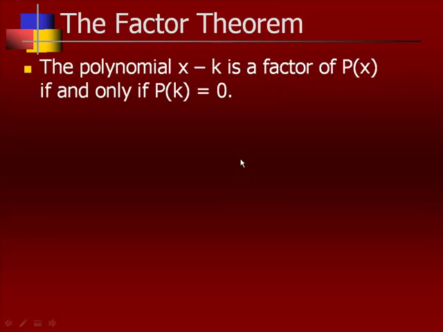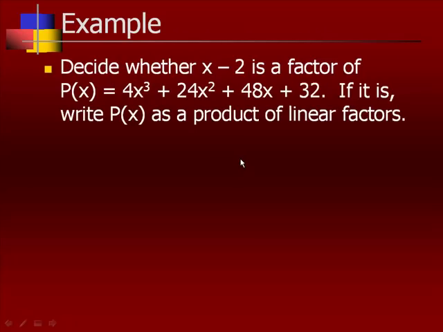Now let's back up and see what it says. It says the polynomial x minus k is a factor of p of x if and only if p of k is equal to 0. So if we're looking to see whether x minus 2 is a factor, we want to know if p of 2 is equal to 0.